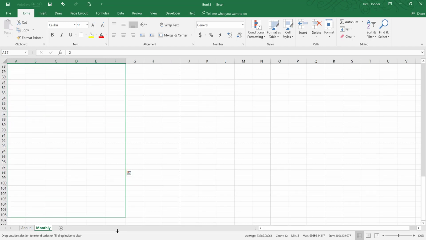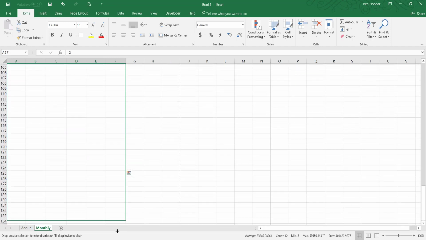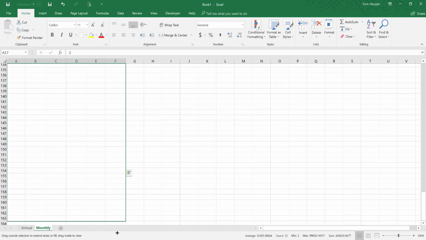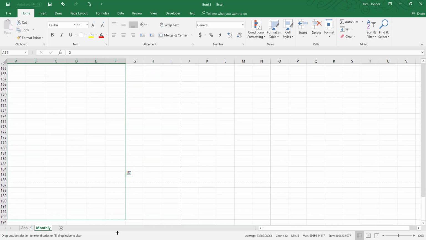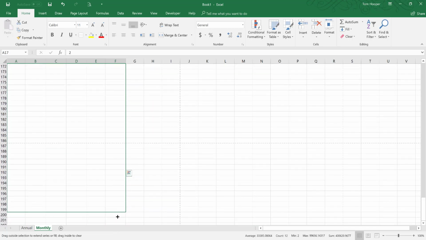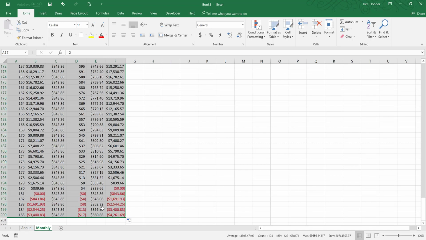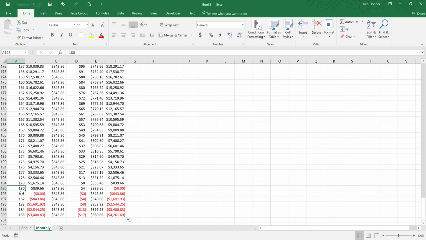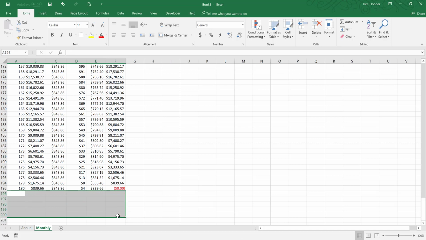We want to get to 180 months, and I can't remember where we started, so I'm going to go to a couple hundred. And then I'm going to back it up to 180. And since we used the PMT function, this time the loan gets paid off exactly at the end of 180 months.